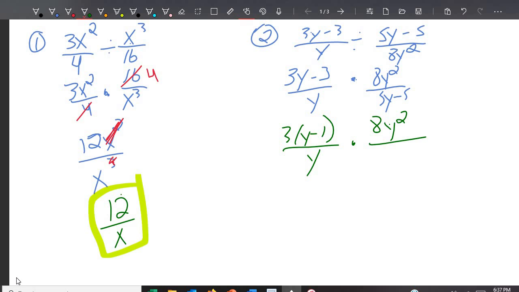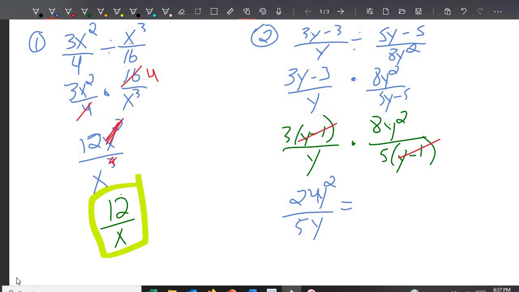In the bottom, we're going to factor out a 5. And then we're going to reduce it. Now notice y minus 1s are the same, so we can cross those out. I'm going to rewrite what we have. We've got 24x squared up top, and we've got a 5y in the bottom.